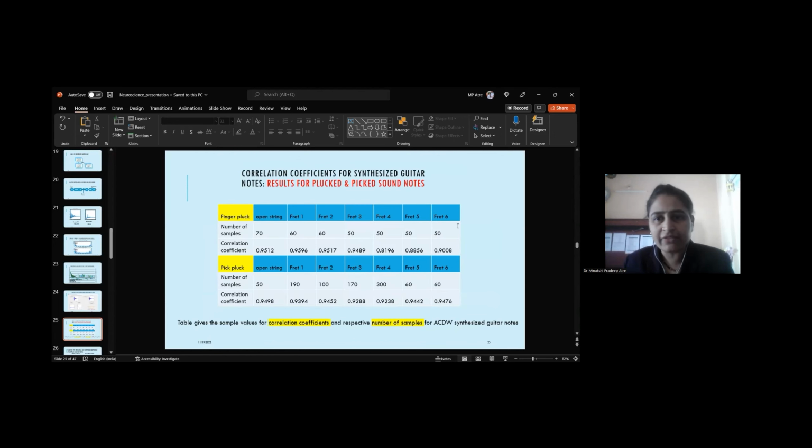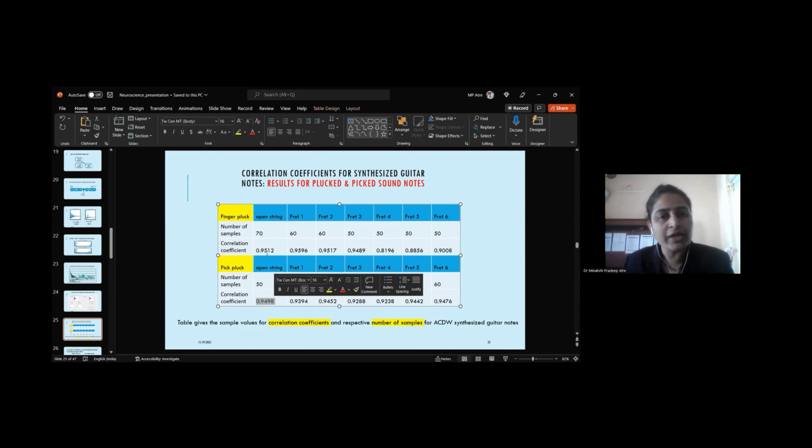And then we verified our results for all the 20 frets, but here, for example, I have shown open string, fret 1, fret 2 up to fret 6, and then finger plucking and plectrum plucking. And these are the correlation coefficients. A correlation coefficient such as 0.94 is called good when it is close to 1.